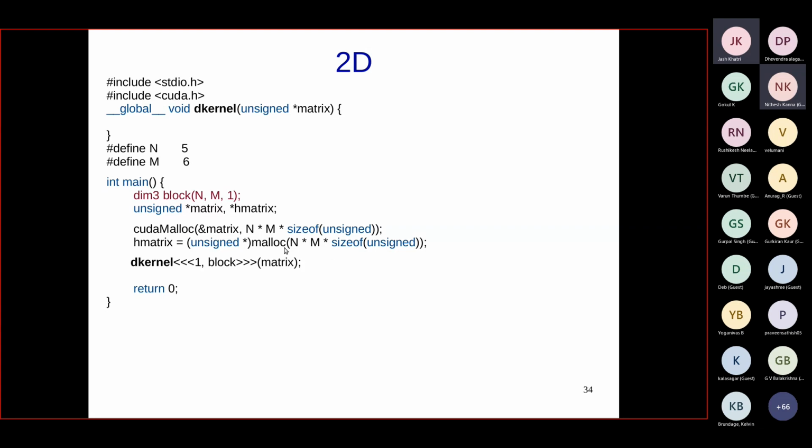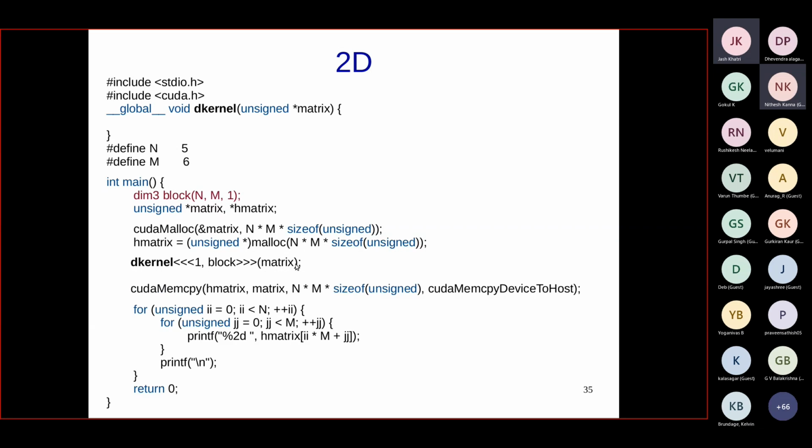Now we are launching the kernel with the configuration 1, block. As we saw in our previous discussion, the number of threads with which this kernel will be launched will be 5 into 6, which is 30 threads. And we are passing this matrix, which is pointing to some GPU memory location.